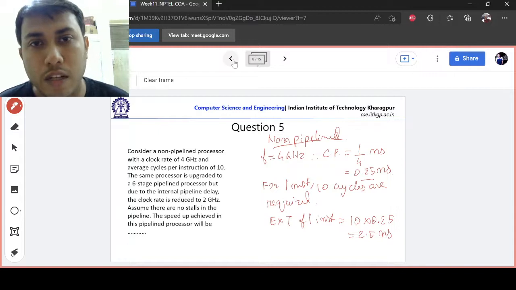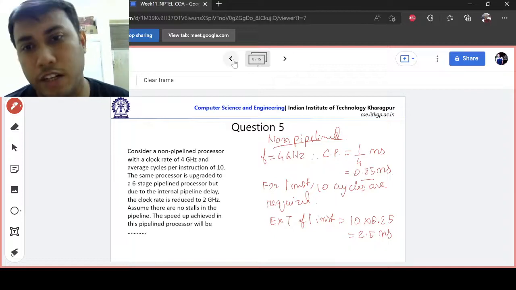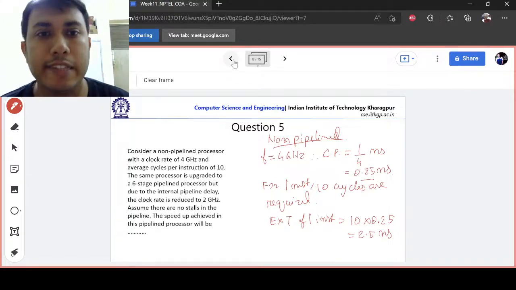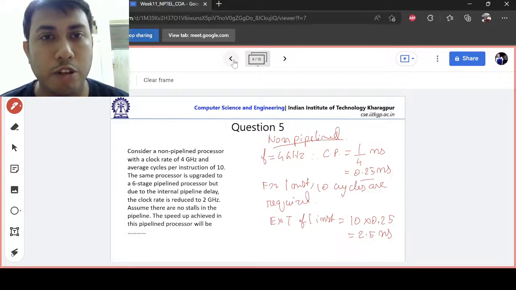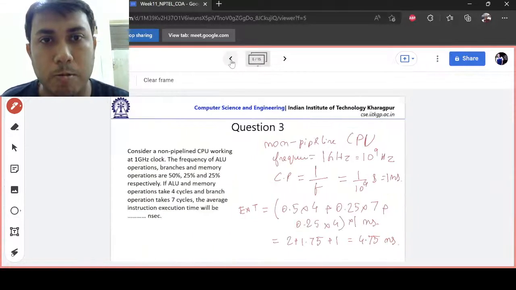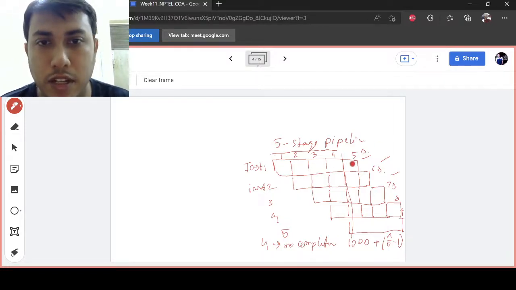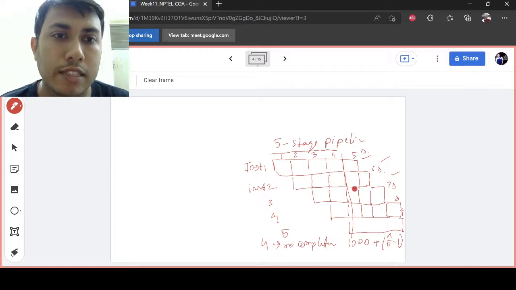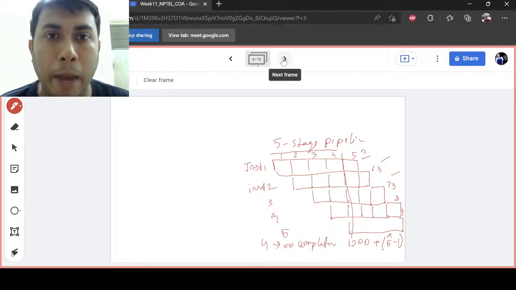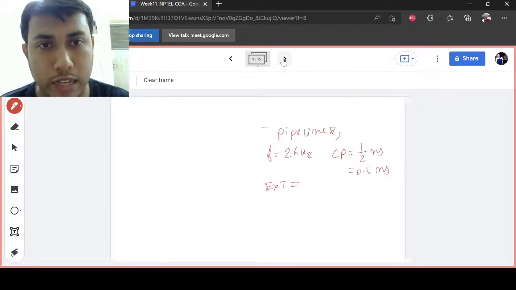In case of a non-pipeline, every procedure, like fetch instruction, memory read, ALU, takes a single execution, one has to be executed at a time. Whereas in case of pipeline instructions, like I have demonstrated here, after a stage, at each time unit, one instruction gets executed. So per stage, one instruction gets executed at each clock cycle.